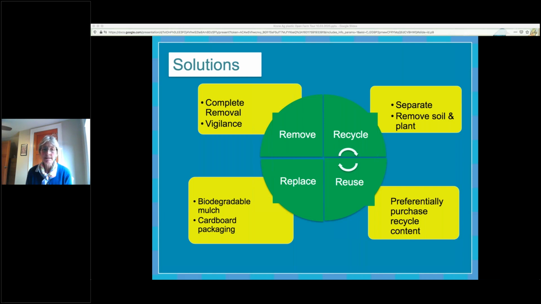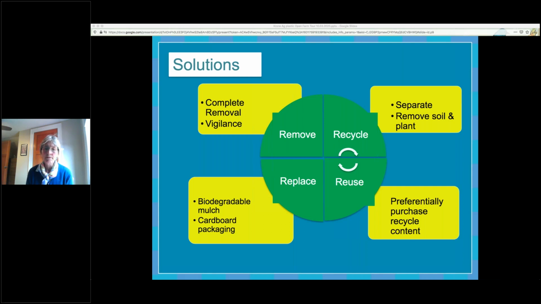Another possible solution is to reuse the plastic, either to reuse the same product, but another means of reuse is to preferentially purchase plastic with recycled content. So now there are some kinds of drip irrigation tape that has recycled content in it.